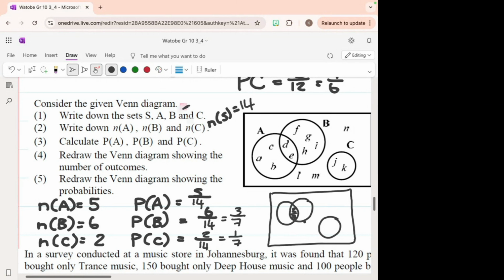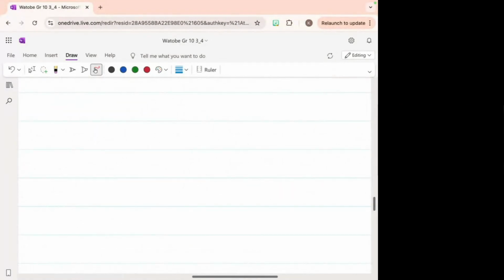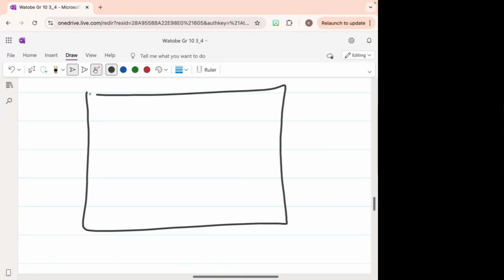So A and B are overlapping, 2 over 7. Not 2 over 7, 1 over 7. And I'm going to redraw this so it's nice and big for you so you can see as well. I'm drawing it over here for you. So here's my drawing, nice and big.